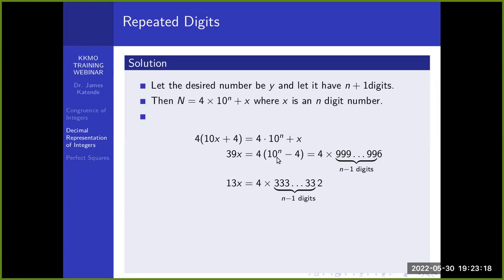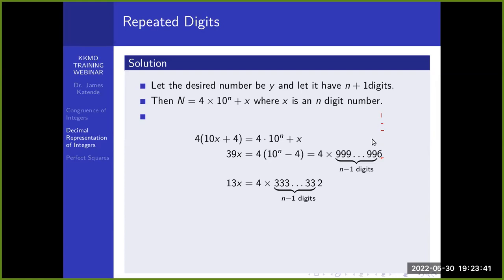Now 10 to the power n minus 4 will be a number which has n minus 1 nines, and the last digit will be 6. An example is if you do 100 minus 4, you will see it becomes 96. So it was 10 squared.